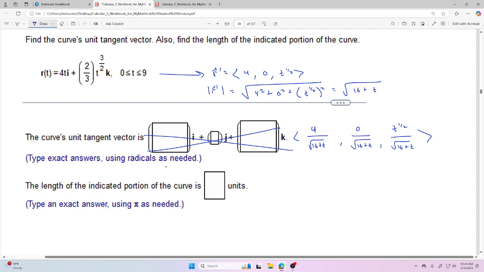Did y'all get what I got, by the way? Okay, whew. Now's the crazy time. And it actually is not too bad because it's the integral from 0 to 9 of that square root.